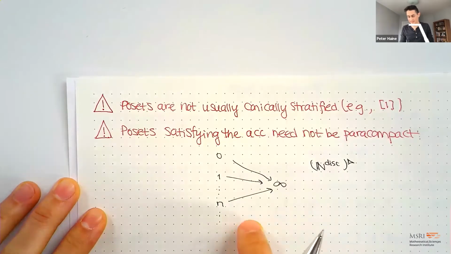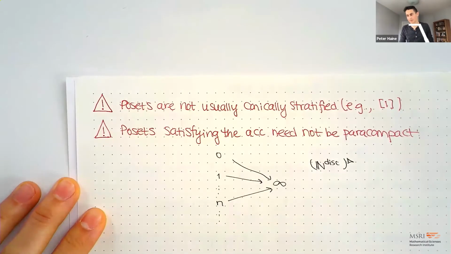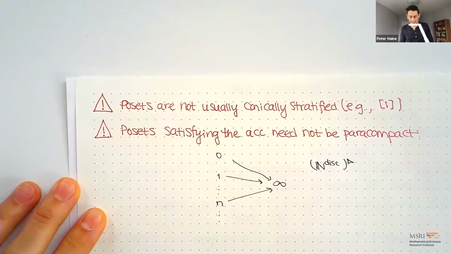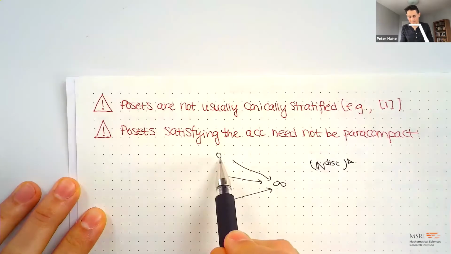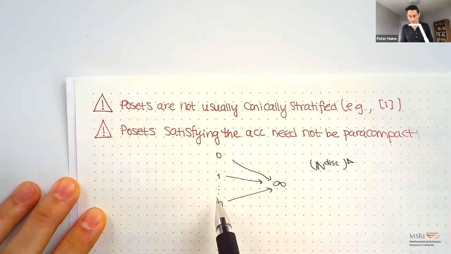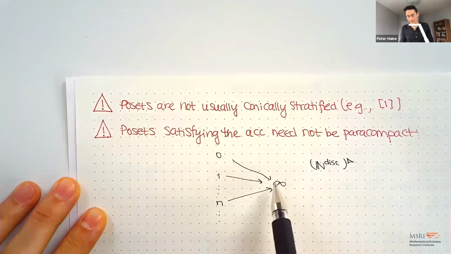This guy is not paracompact because you can take the cover that consists of everything bigger than 0, 1, all of these points, but there's no locally finite refinement of that around the point infinity.